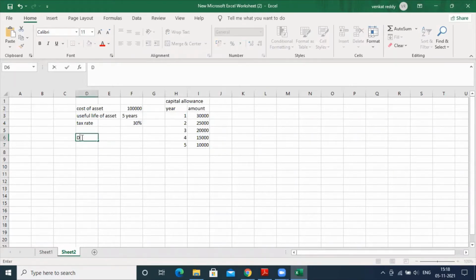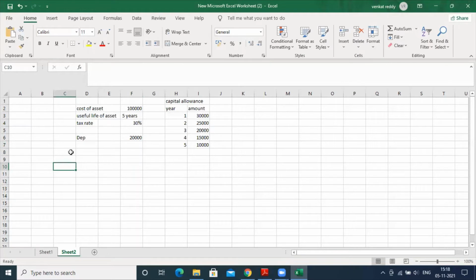So as per accounting base, depreciation: here cost of asset is 1 lakh, life of asset is 5 years. So we'll be charging 20,000 as depreciation. So now we try to apply how this will be affecting the deferred tax.